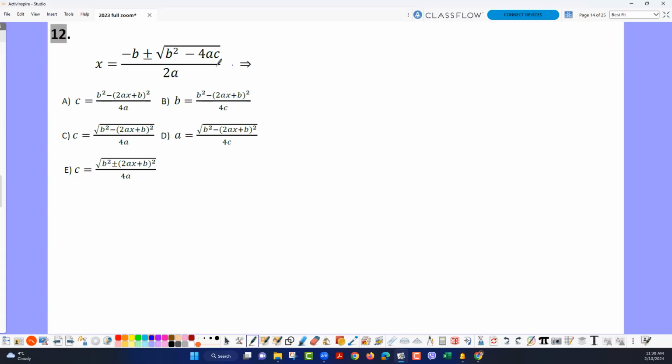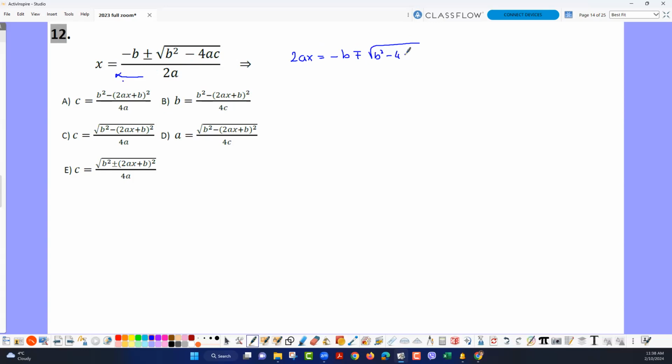Firstly, to get rid of the C, you should start with this fraction and send it to the other side, which gives 2ax is equal to minus b plus minus square root of b squared minus 4ac.